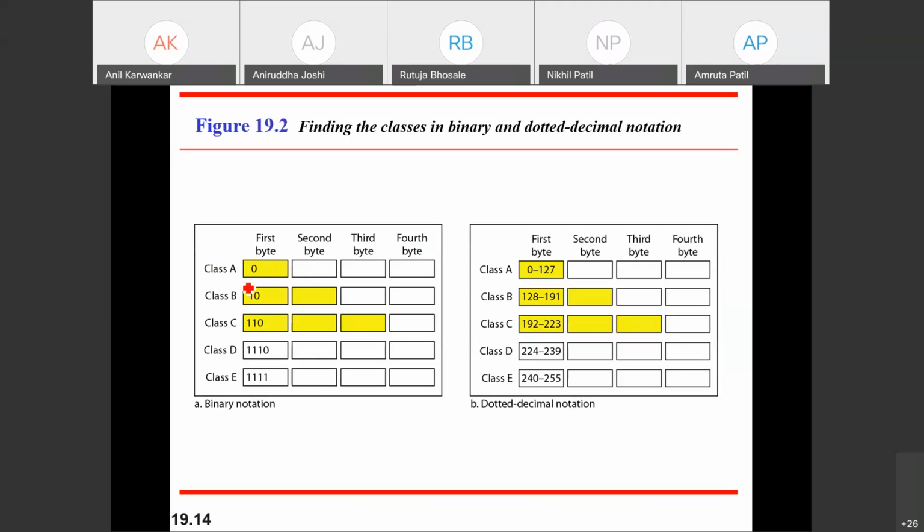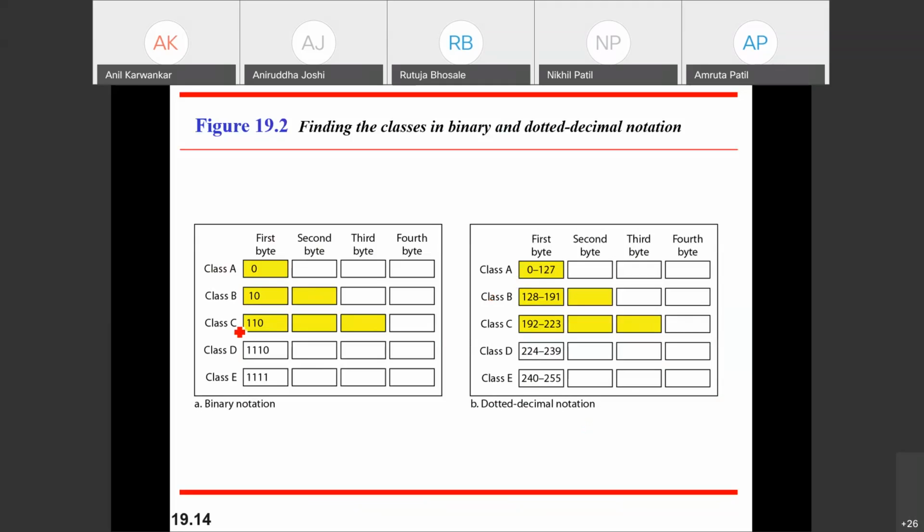Make this concept very clear: where the first byte starts with 0, the class of that address is class A. In dotted decimal representation, all the IP addresses from 0 up to 127 are in the range of class A.